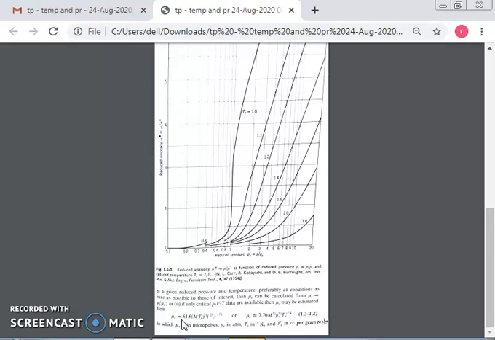We get the values of mu c in micropoise, pressure Pc in atmosphere, Tc in Kelvin, and Vc in cc per gram mole. So based on the data available, you can choose any one of these equations for getting the value of mu c.